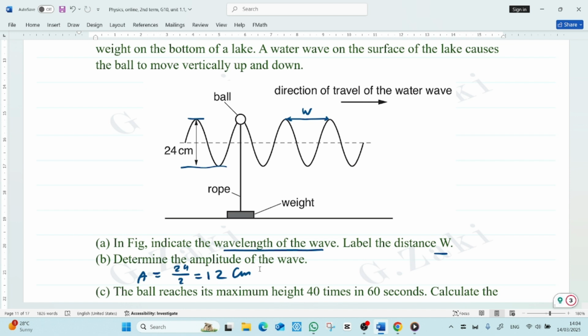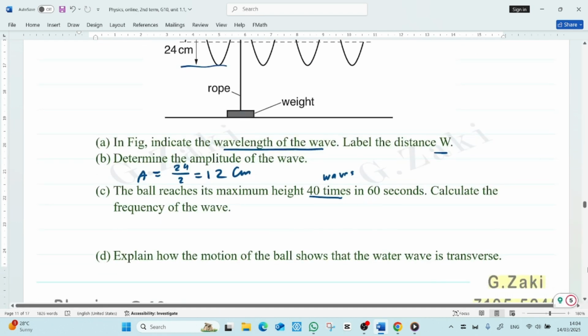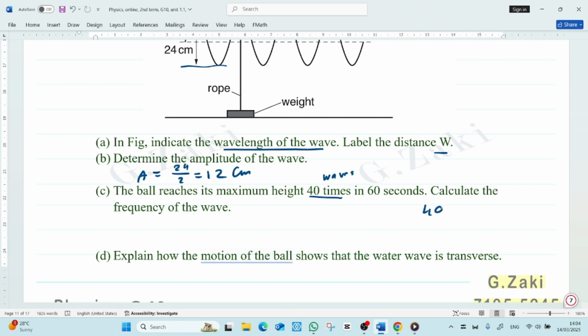Part C, the ball reaches its maximum height 40 times in 60 seconds. 40 times in 60 seconds means 40 waves in 60 seconds. Calculate the frequency. Now, we have here 40 waves in 60 seconds. How many waves in 1 second?